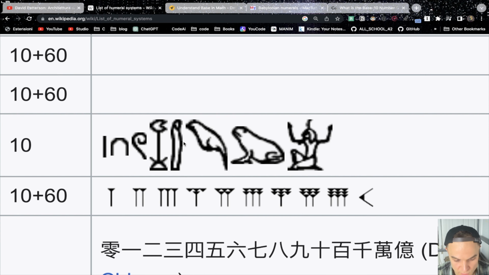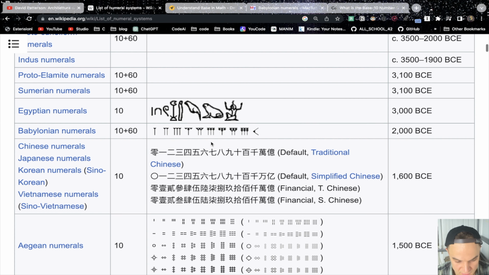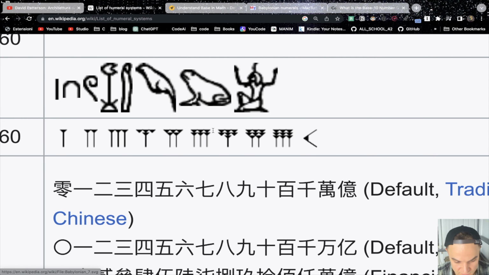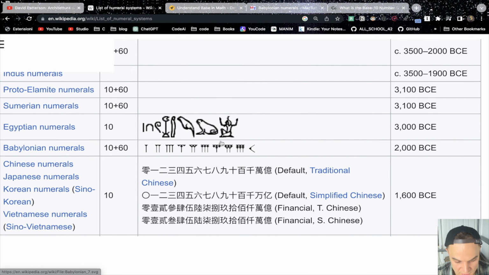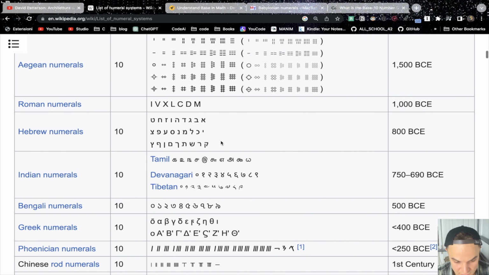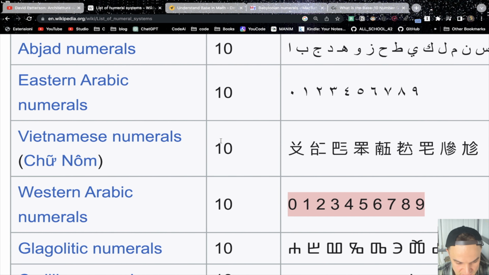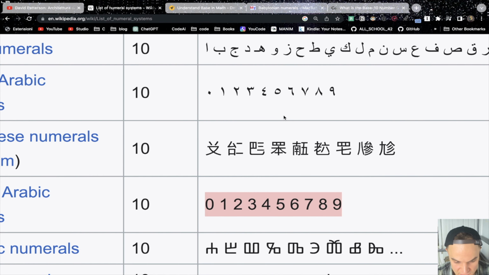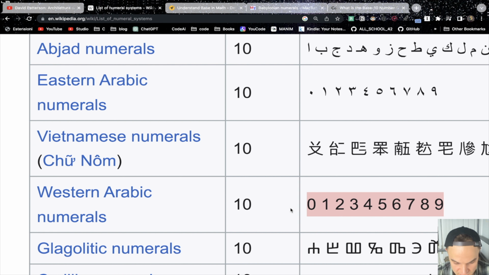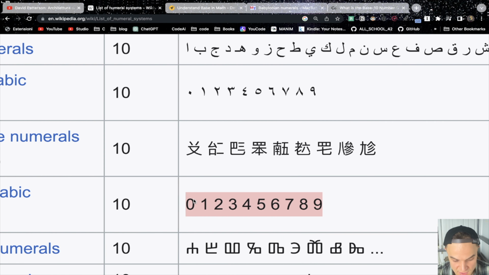As you can see, we have these really strange drawings. The Babylonian numerals, which are these drawings here. And frankly, there are lots of them. Many we don't know. As you can see, every numeral system has its own specific way of depicting value. This is our system. We have the Western Arabic numerals, Indo-Arabic numerals. As you can see, we have these specific symbols that for us are natural to see.